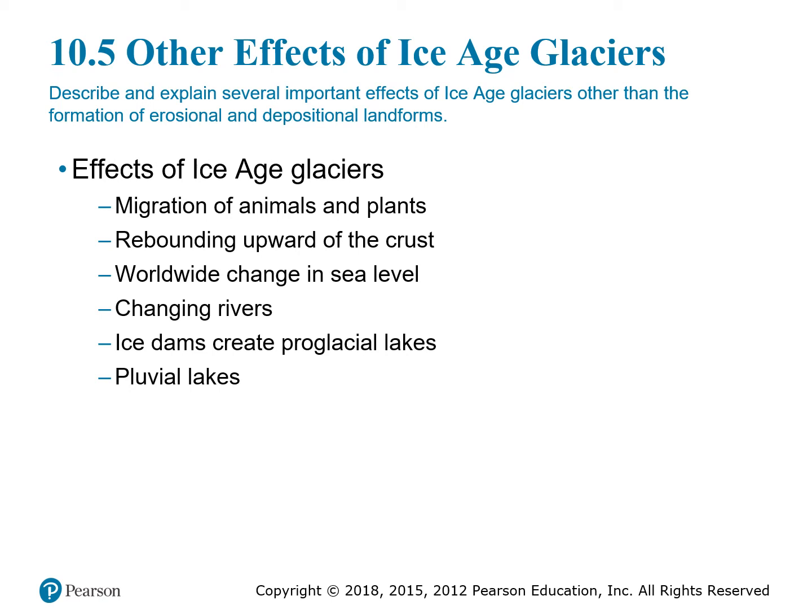Another thing is when glaciers disappear, they're really heavy and they depress the land. The land holding that glacier will sink as a result of holding all that weight. Then when the glaciers are gone and the weight's been removed, the ground actually rebounds and moves upward.